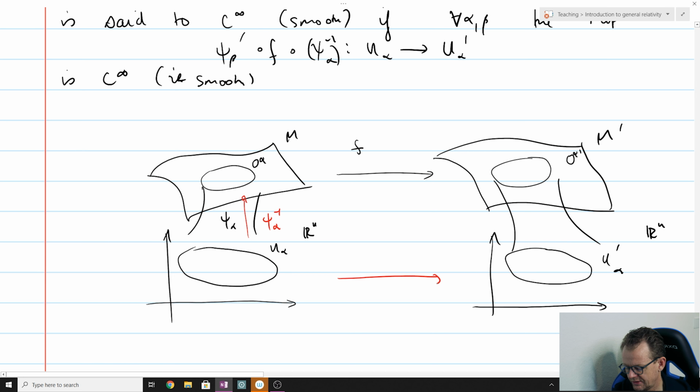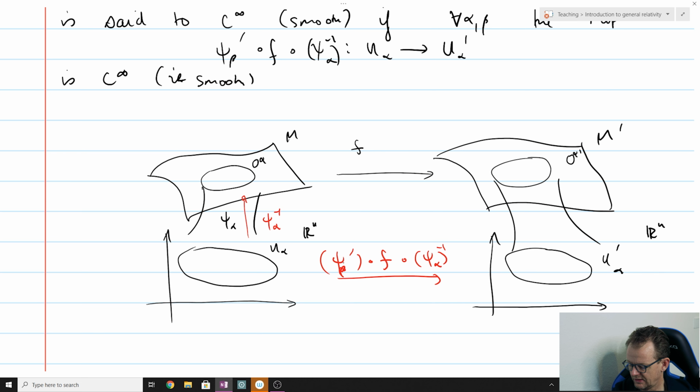And that induces this map here. So first we go from Rn back into M via psi alpha inverse, then we do the map F, which is going between M and M prime by assumption, and then we go from M prime to Rn via psi beta prime. So we get this red induced function.